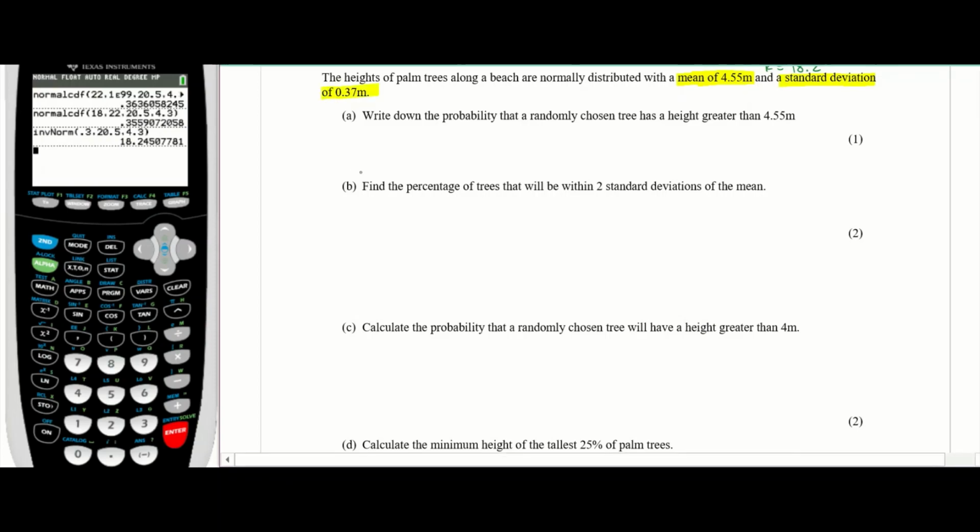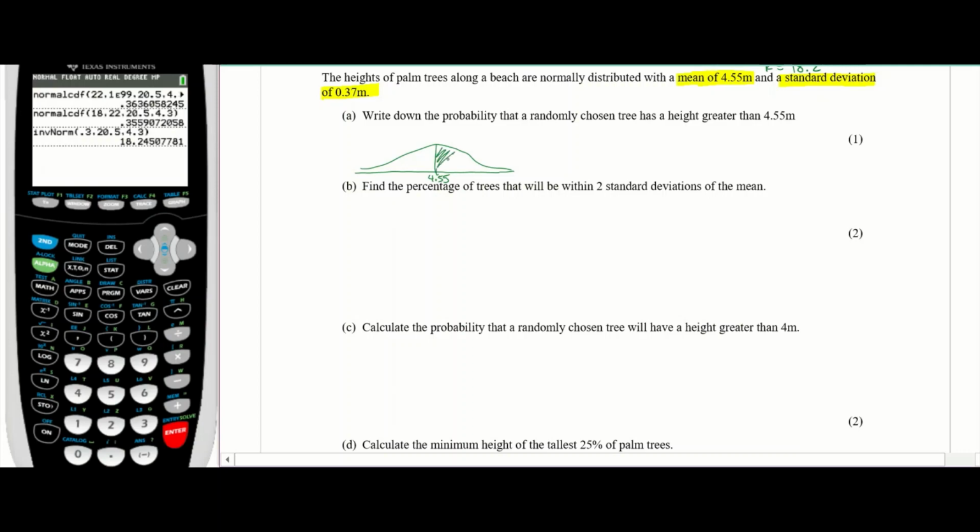Here's the thing with normal distributions: the great thing about them is that they are very predictable. Here's my mean, 4.55. This question is asking me to write down the probability that a randomly chosen tree has a height greater than 4.55.